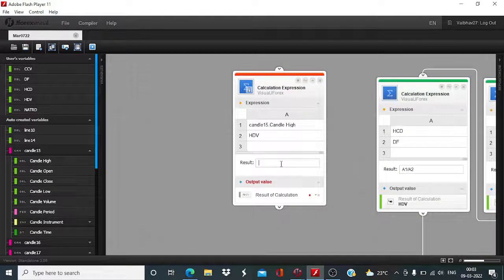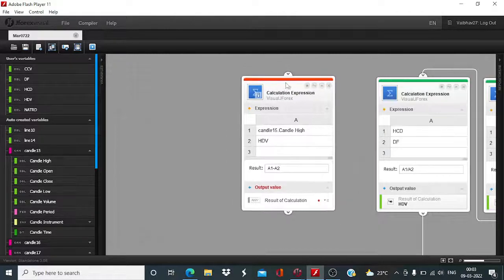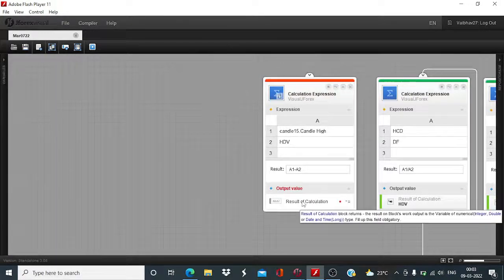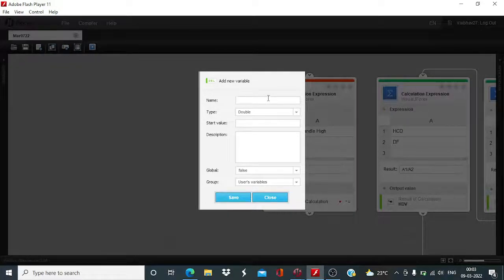So this will be again A1 minus A2, and this will be the entry point.